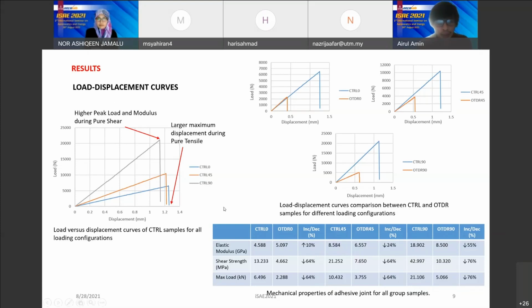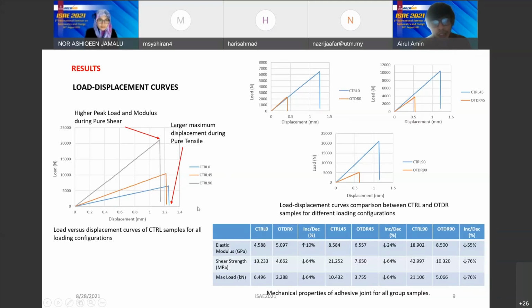Therefore, as we can see from the graph at the left of the screen, only two sections can be highlighted in the load displacement curve. First is the linear elastic region, at which homogeneous deformation of the adhesive occurs until peak load, and then the post-fracture region, in which total separation occurs immediately after crack initiation at peak load.